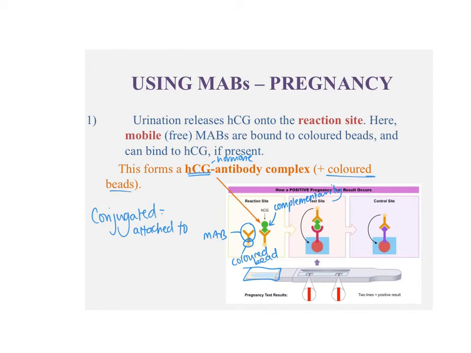And it's really key to note that these monoclonal antibodies in the test strip, so the test strip MABs, are mobile. Means they're free to move up the test, and that's really important. That's what gives us our positive or negative test, and helps us to see whether the test itself is actually working.